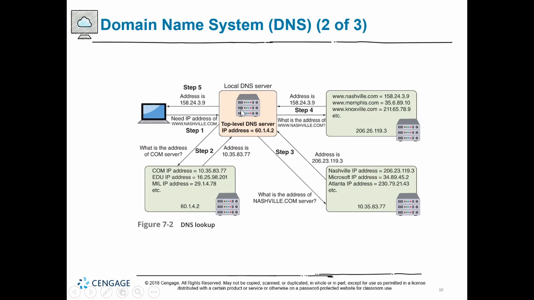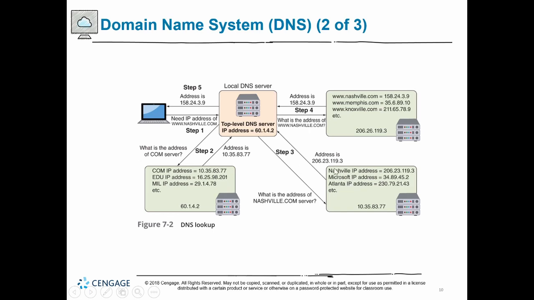And then that server will send it back, right? And then next, it'll look up, what's the IP address of Nashville, which is the second level of the URL.